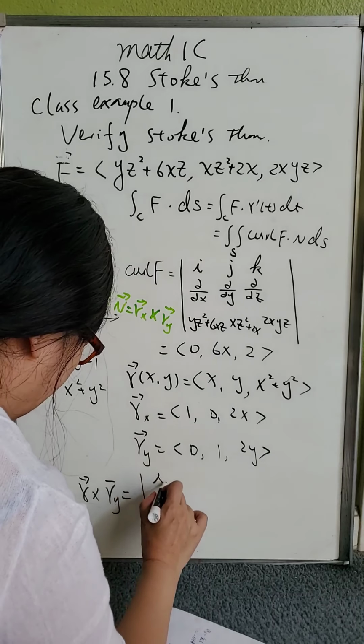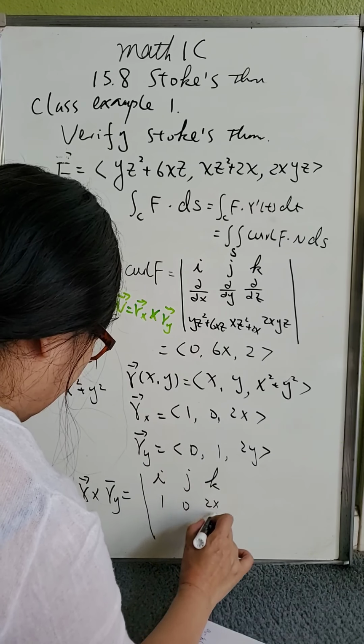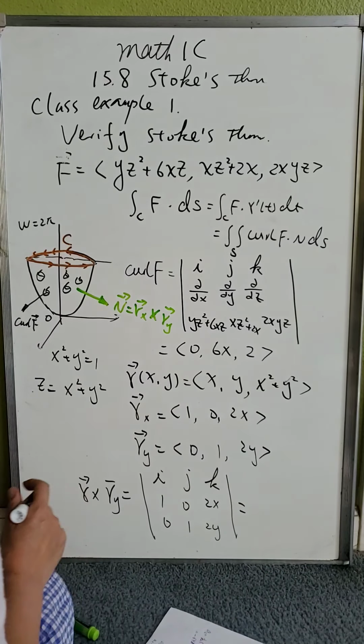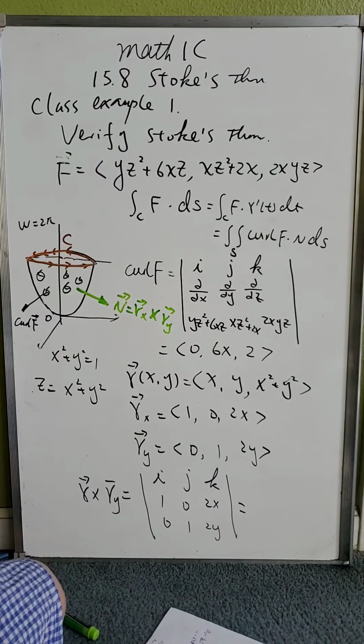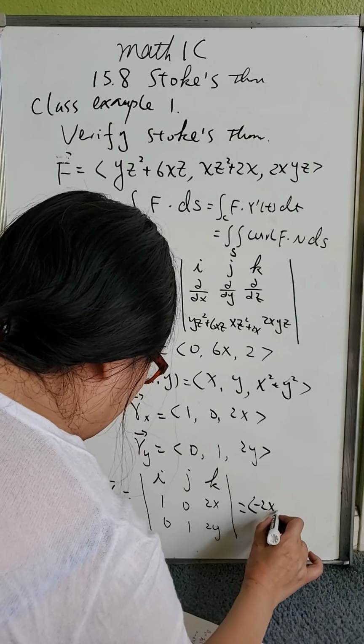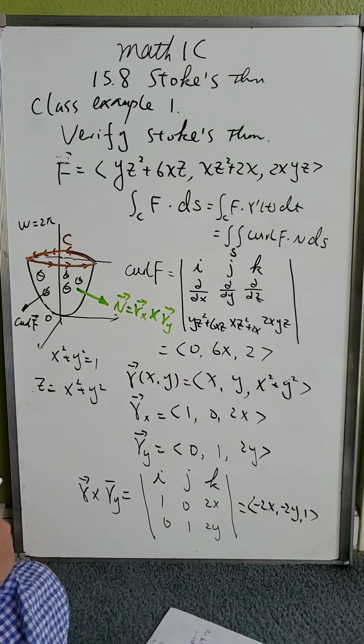you go i, j, k, 1, 0, 2x, 0, 1, 2y. And to save time, here's what I get: negative 2x, negative 2y, and then 1. Okay, the most important thing now is the orientation.